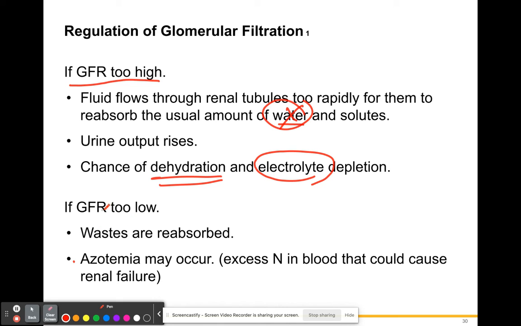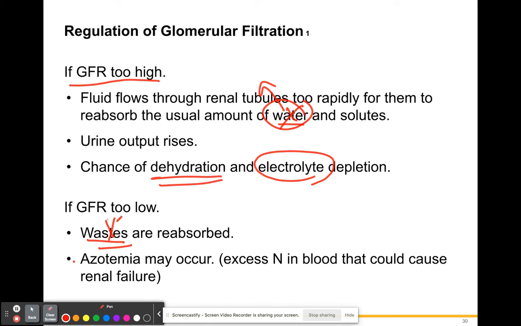On the other hand, if your filtration is too slow, if it's not going fast enough, what happens is, yes, your water will be reabsorbed into the body, but also your wastes are going to be reabsorbed into the body. And that's a big no-no. We do not want our wastes to go back into our body. You wouldn't take something out of the garbage and put it back in your refrigerator, would you?